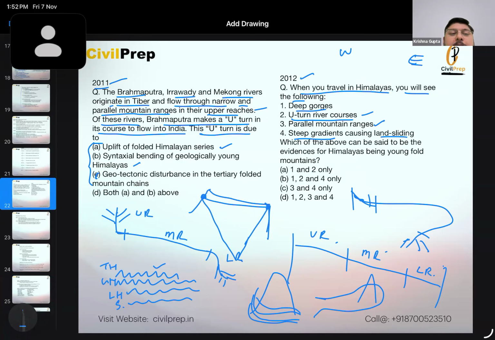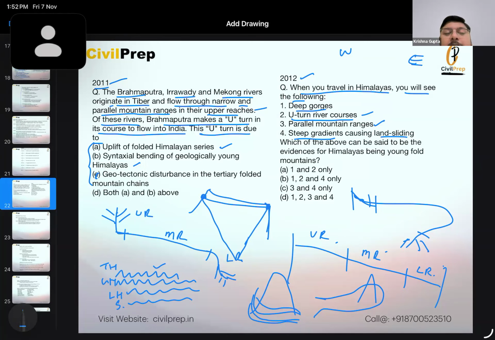Here we'll see that the Brahmaputra, Irrawaddy, and Mekong rivers originate in Tibet and flow through narrow and parallel mountain ranges in the upper reaches. Of these rivers, the Brahmaputra makes a U-turn in its course to flow into India. This U-turn is due to uplift of the folded Himalayan series, syntaxial bending of the geologically young Himalayas, and geotectonic disturbances in the tertiary fold mountain chains.